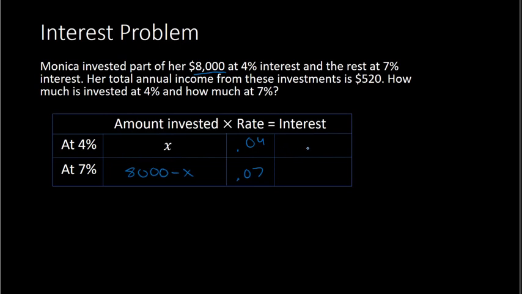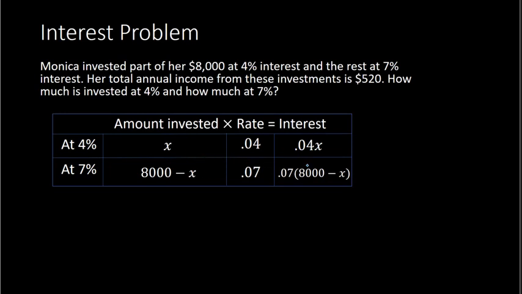So for the interest at 4%, that can be calculated by taking 0.04 times the amount invested, which is x. So 0.04 times x. The second row, I have 0.07 times this entire quantity of 8,000 minus x. And that would be the interest earned for the 7% returns.